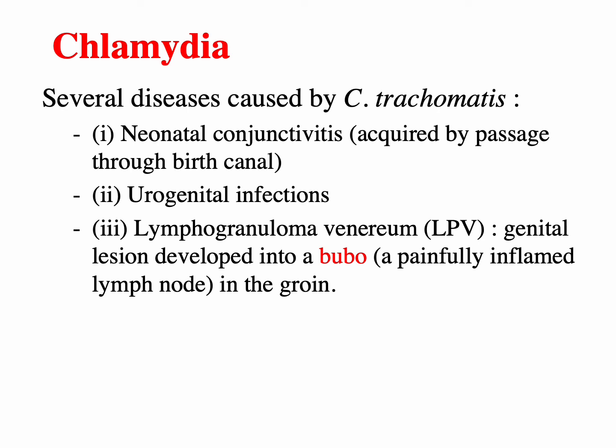This is a genital lesion in the lymph node in the groin, and that is quite a severe and ugly-looking lesion that is given a special name called bubo. There's a gruesome picture in the text. You can look at that yourself. So chlamydia can cause eye infection, genital organ infection, and lymph node infection in the groin area.